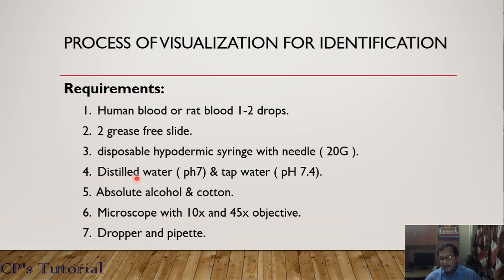Other than the Leishman stain, we have taken another sample, human blood, a pre-cleaned grease-free slide, 2 disposable hypodermic syringes, distilled water of different pH medium, absolute alcohol and cotton, a microscope with 2 objectives, 10x and 45x, and a dropper pipette. This requirement is enough to make the experiment.